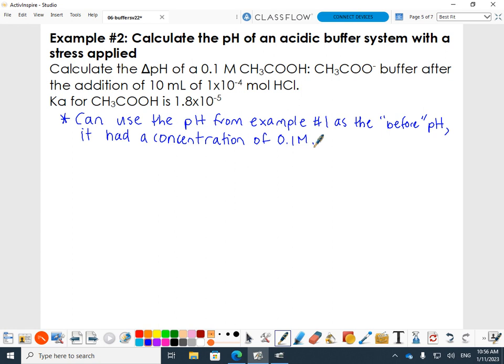Okay, so when we figure out how the equilibrium is going to shift when you add a stress, then when we do equilibrium, of course we need to do ICE. When we do ICE, then the value we put into an ICE table is molar. So here I've chosen to give you this as moles and milliliters, so we have to find concentration first. You won't always have to do that, okay? So again, just read the question carefully.